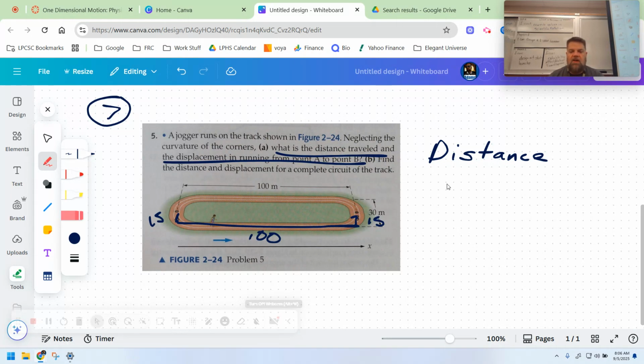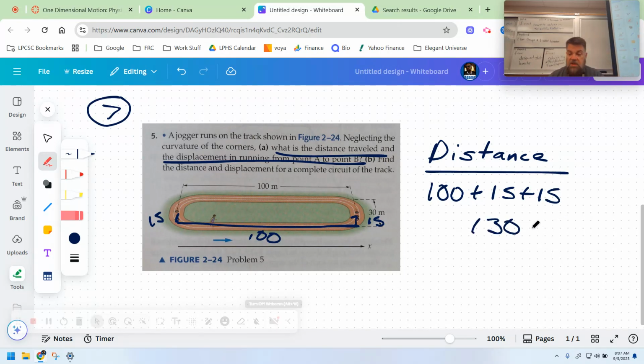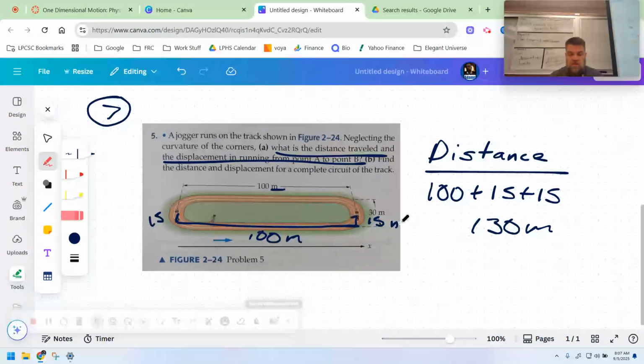So then if you add all that up, the distance would seem like it's 100 plus 15 plus 15. And so that'd be 130 meters, because that's measured in meters, right? So this is 100 meters, this is 15 meters, and this is 15 meters, okay?